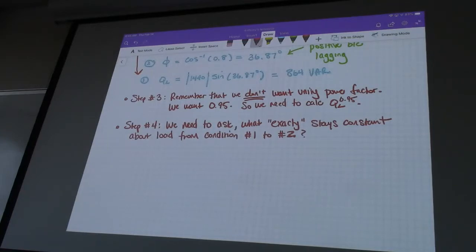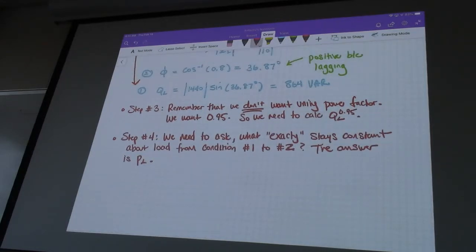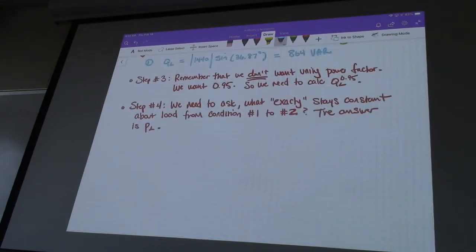And the answer we already said. So the PL for the above, and I'm going to write the 0.8 up here to remind us that it's 0.8, was 1440 cosine of 36.87 degrees.